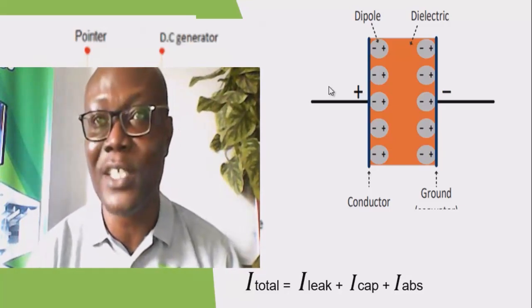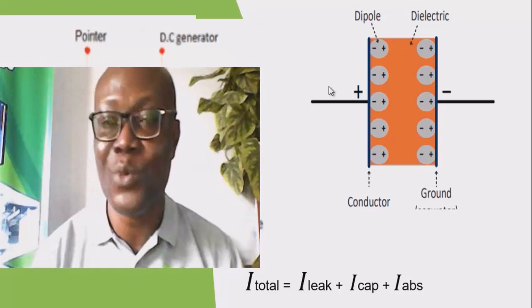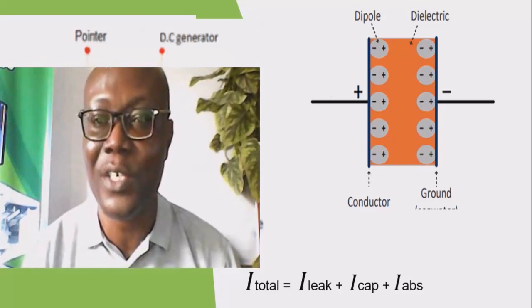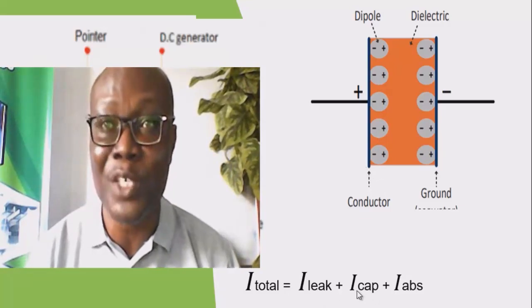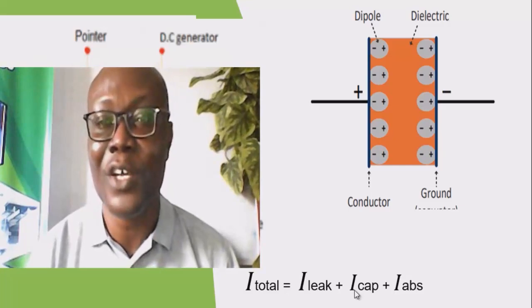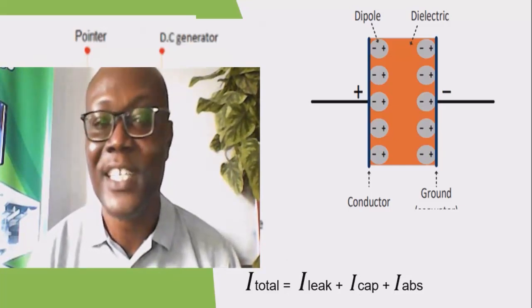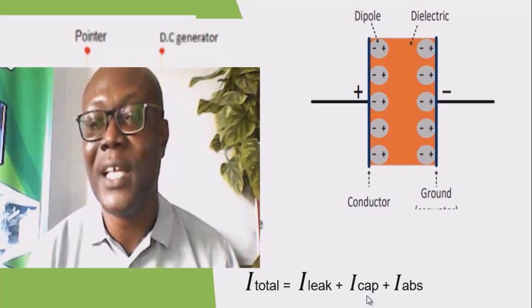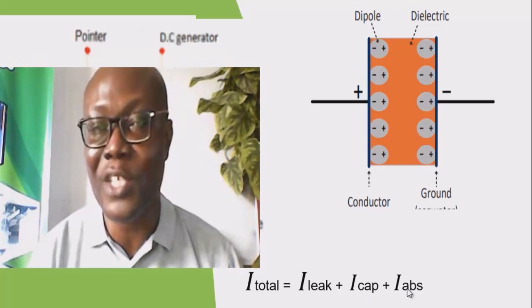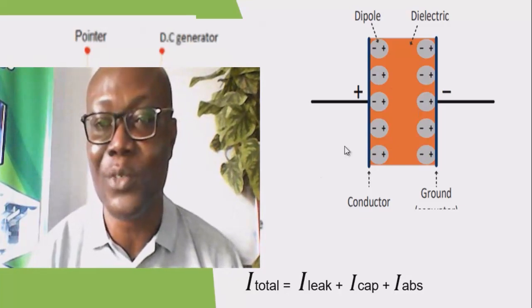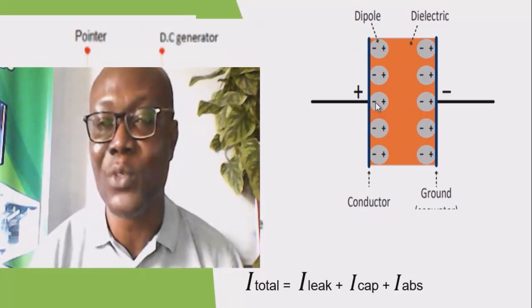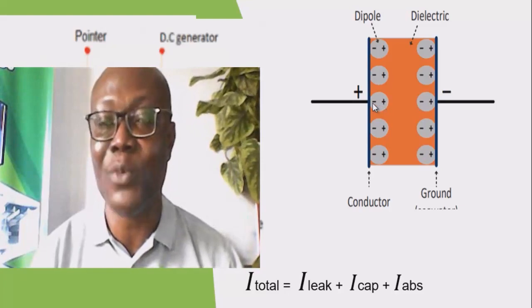So there is a charging current that will drop over a few seconds. That charging current, as it's flowing, is what is represented here. It will also be reflected in the ammeter. Then the absorption current too, which is the realignment of these dipoles as you apply the voltage difference, because like poles will be repelled and unlike poles will be attracted.